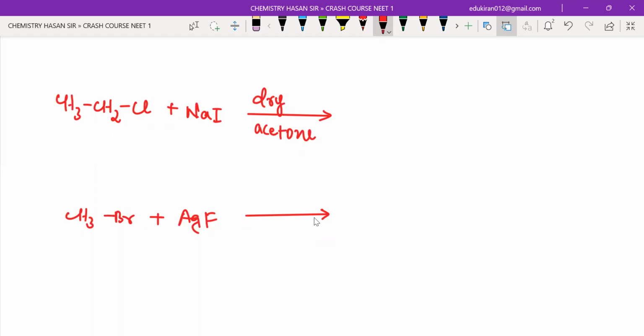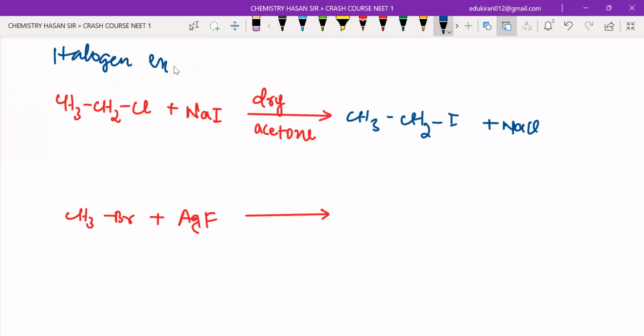The first one is 1-iodoethane. Very good. Basically, halogen exchange will take place, right? Both reactions come under halogen exchange. What about the next? You can see fluorine will replace bromine, so it will be CH3F, fluoromethane.